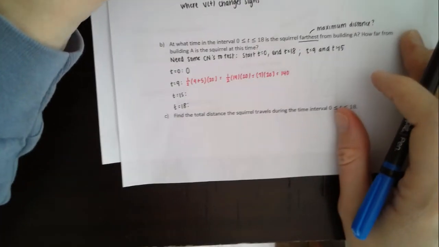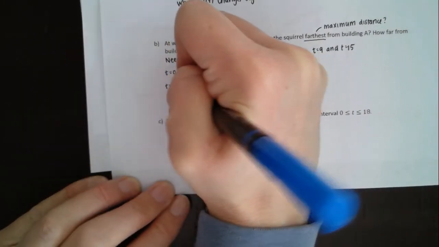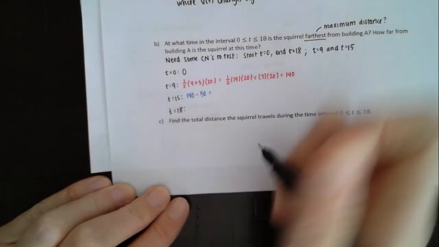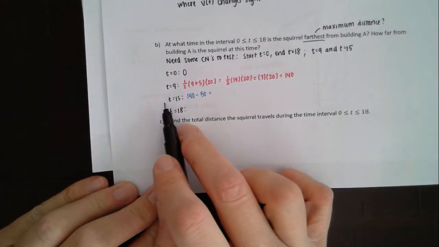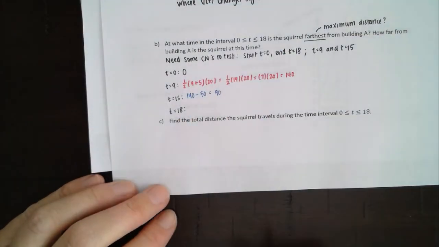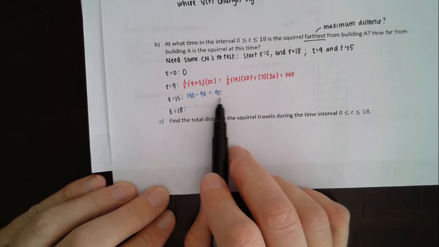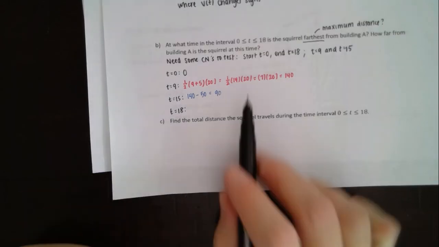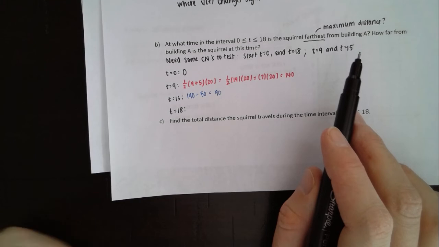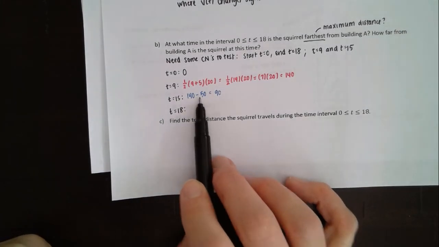My t equals 15 accumulation is going to be the positive 140, but then I have to subtract out the 50 because that's when the squirrel is moving backwards, in a negative direction. So at t equals 15, we've moved an accumulated distance of 90 units. We're still in the positive, still to the right side of where we started, but the squirrel has moved forward and then a little bit backwards.